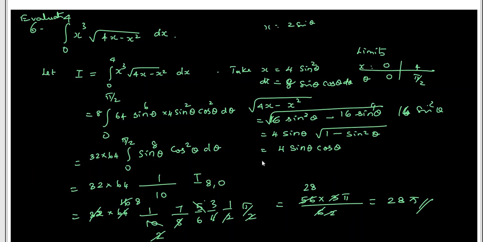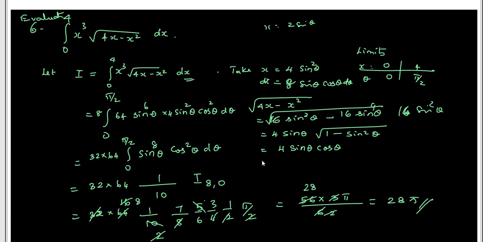You'll be left with 1 minus sine square theta, and that is cos theta. So what you have in the radical sign is 4 sine theta cos theta. Now dx, when you differentiate, you get 8 sine theta cos theta d theta.